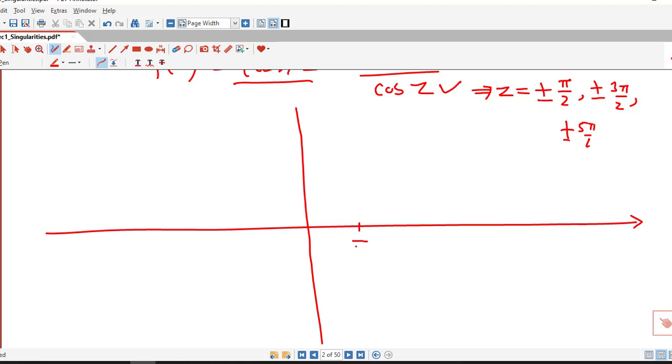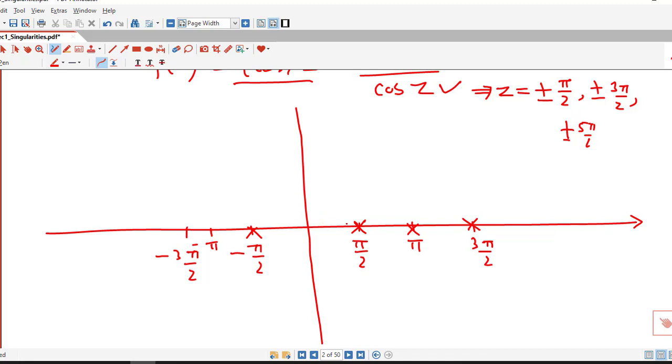Suppose this distance is pi by 2, so this is pi, this is 3 pi by 2. Similarly, this is minus pi by 2, minus 3 pi by 2, and so on. Somewhere here we will have minus pi. So all these are points at which our function is not analytic.